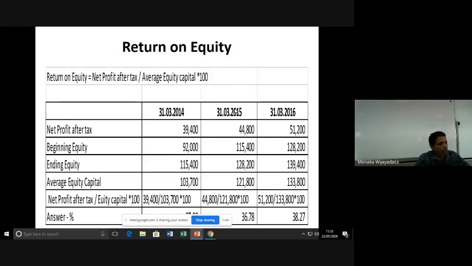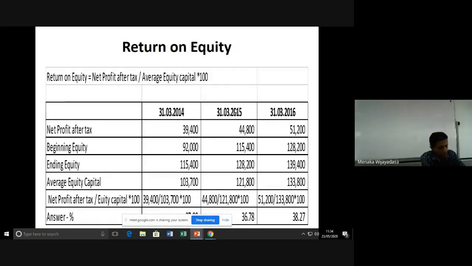Now you can take the average figure. Beginning equity 92,000, ending equity 115,400. Therefore, the average figure is 103,700. Likewise, for 2015, the beginning equity will be the ending equity of 2014, so you can easily fill that part: 115,400. How do you calculate the ending equity of 2015?